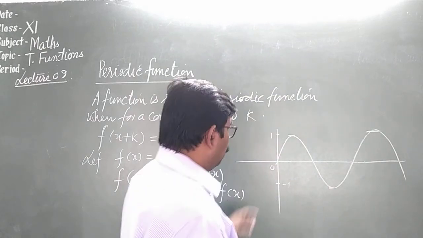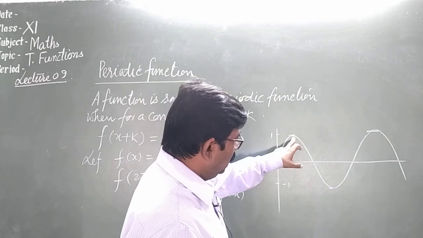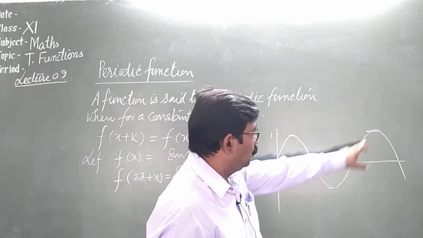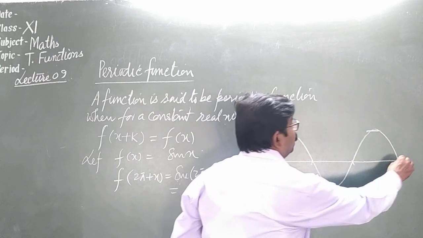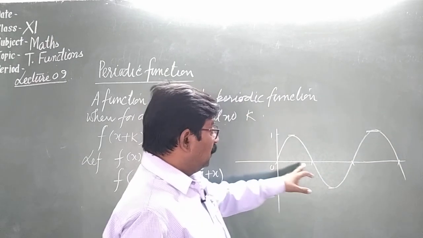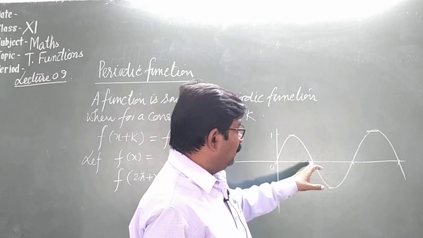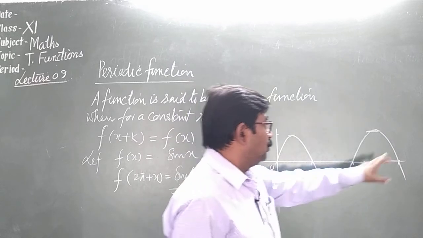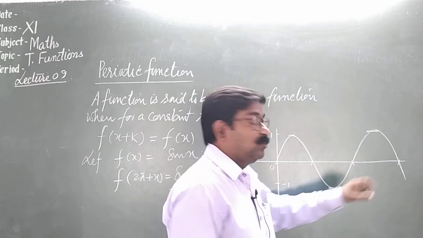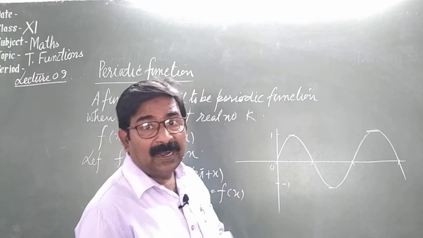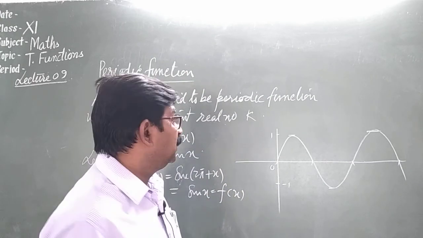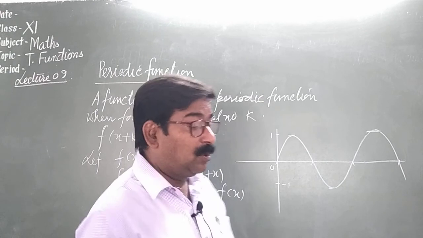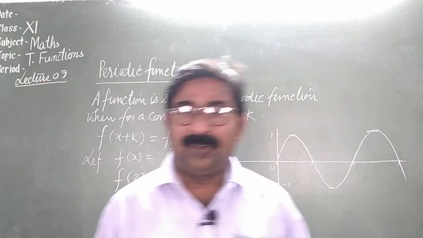So it is going up to 1, coming to minus 1, and this is 0, this one is 0, this one is 0. Means again and again it is coming 0, 0, 0, or 1, 1, 1, or minus 1, minus 1, minus 1. Means after a fixed interval it is repeating. So this kind of function is called a periodic function.